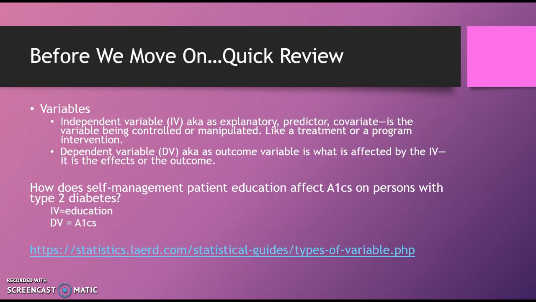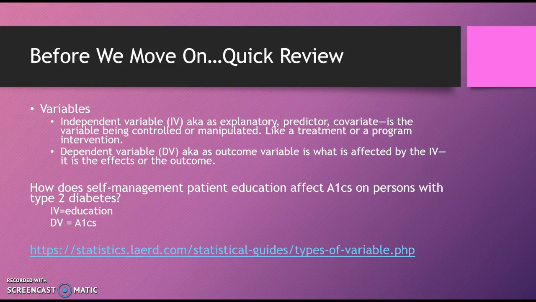I think variables can be a hard concept to grasp, so we want you to do the best you can do in your evaluation table. But this link right here is a great link. It presents a very succinct way of describing the variables.